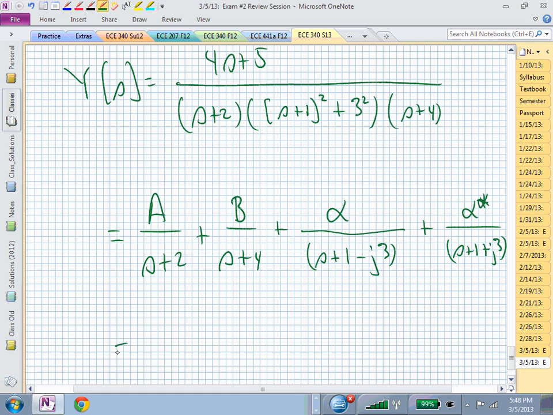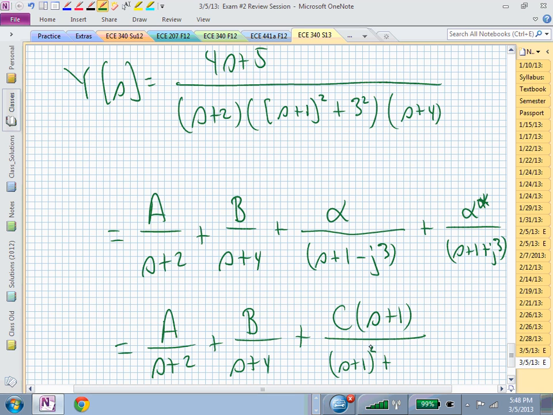So this is all the different lines of line 10, the A, the B, the C, the D. You could have said, this is A over s plus 2 plus B over s plus 4 plus C times (s plus 1) over (s plus 1) squared plus 3 squared plus D times 3 over (s plus 1) squared plus 3 squared.